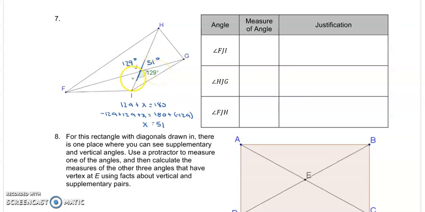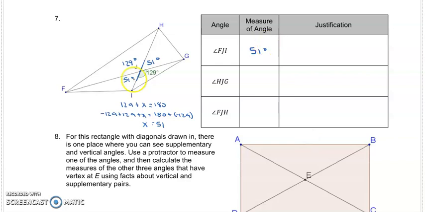And then to find this angle right here, we have two options. We can say that it is supplementary to the given angle, or we can see that it's vertical to the 51 degrees. So let's fill in our table. Angle FJI, this guy right here, is 51 degrees.